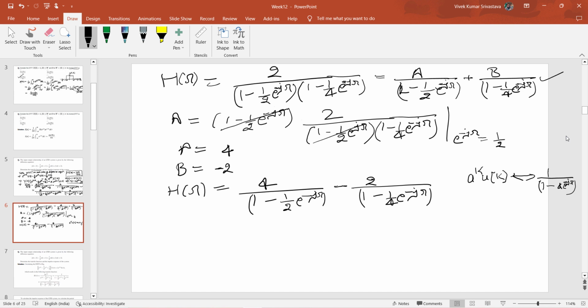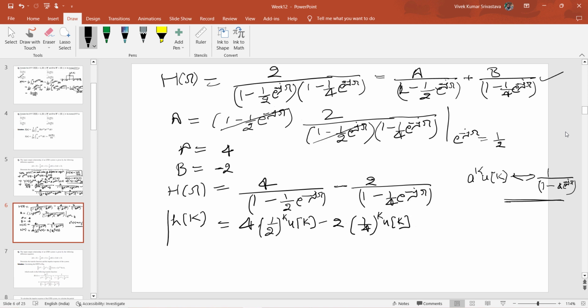So we will use this standard formula to determine h of k. h of k will be equal to 4 into 1 by 2 raised to the power k into u of k minus 2 into 1 by 4 raised to the power k into u of k. This is the expression of the impulse response of the system. Now we can use this expression to plot h of k, that is the impulse response.